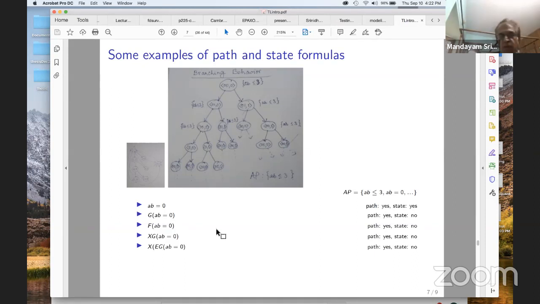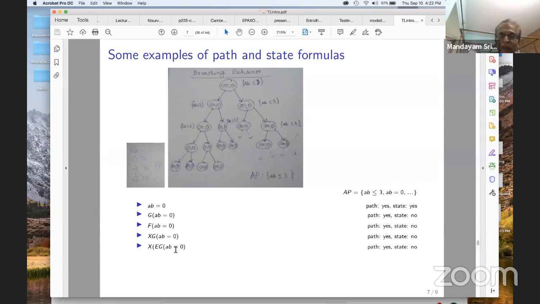And that means if it is true for that state, it certainly is true for paths starting from 0, 1, 1 in the next state. So it is true of this path.